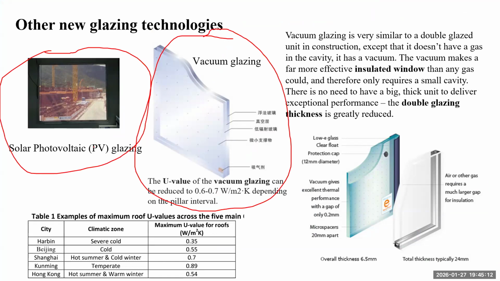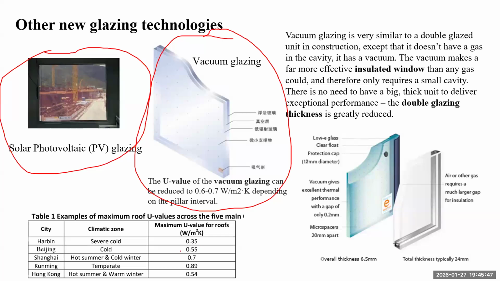It's a vacuum between two glasses, but because it's difficult to support, there are inner metal pillars to separate them. It looks like a single glazing, but it's a double with a vacuum. So we can see vacuum glazing has a really low U value. This is the maximum U value for roofs of different cities from the table.